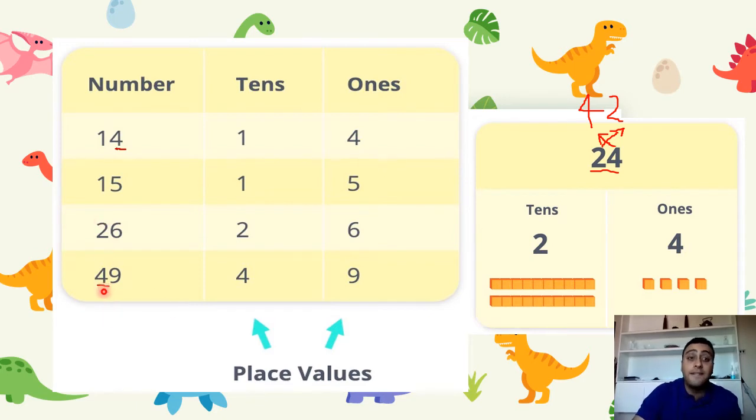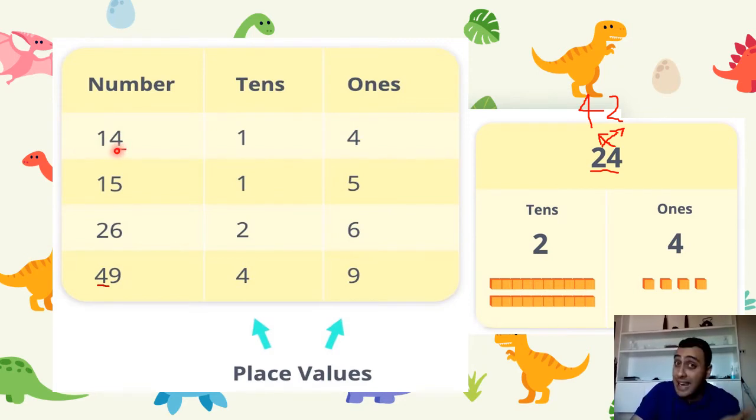This one is 49. Now, 49. How many ones do we have in 49? We have 9 ones. How many tens do we have? We have 4 tens. So, as you can see, there is 4 here and there is 4 here, but they are not the same, okay?